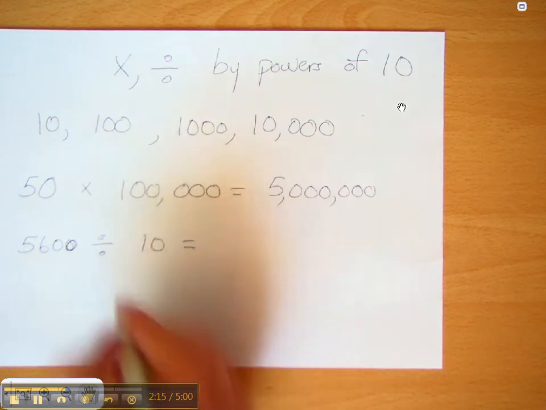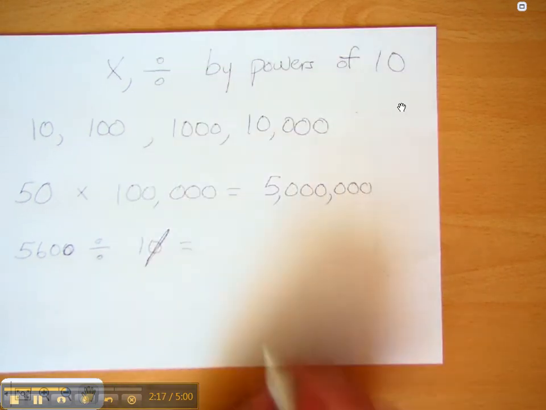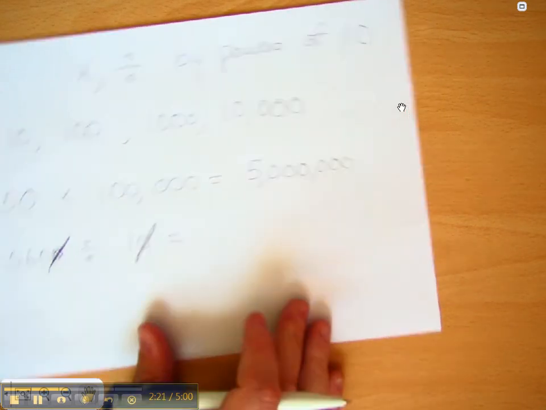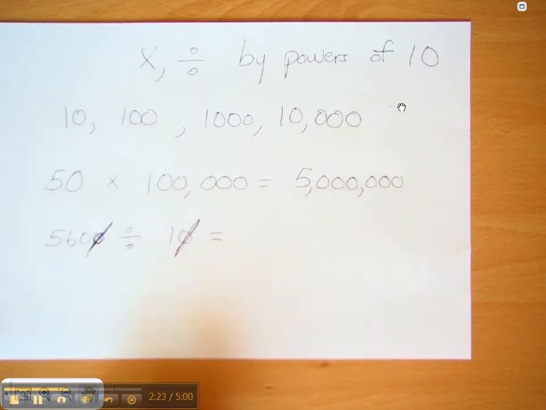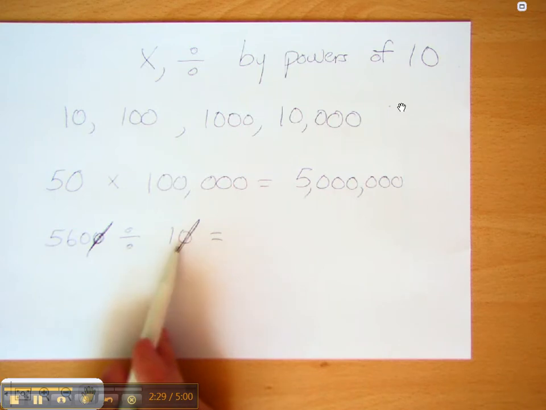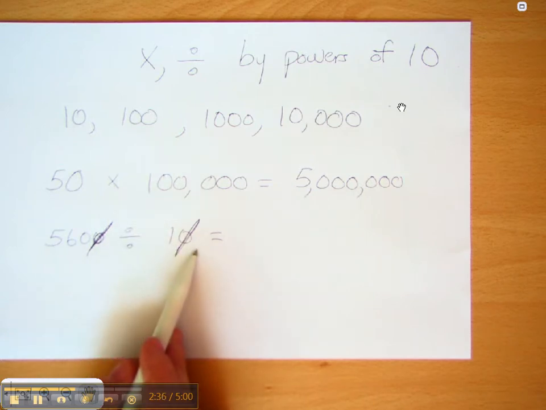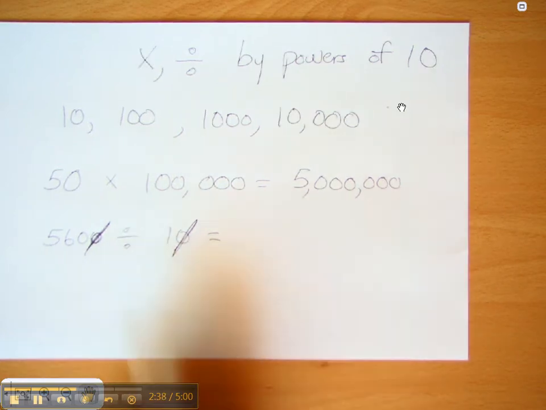So we erase 1 zero from here and 1 zero from this number. What do we have left? We have 560. Can we erase more zeros? Unfortunately, no, because we have no more zeros to erase from the 10.